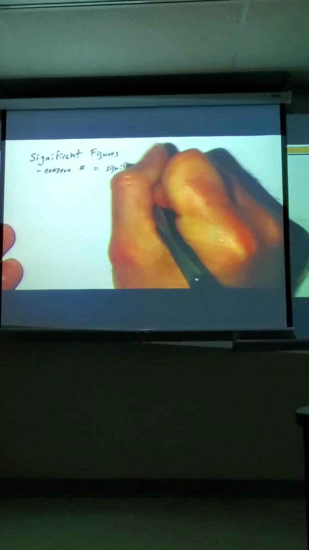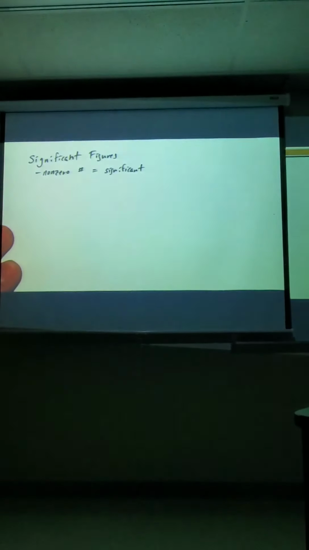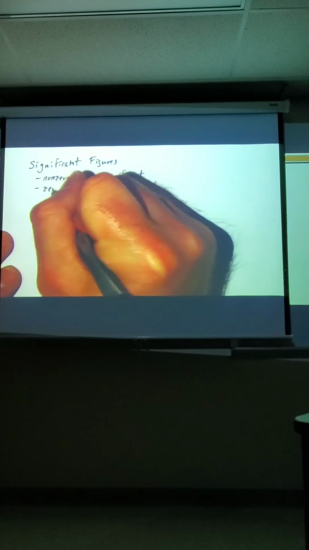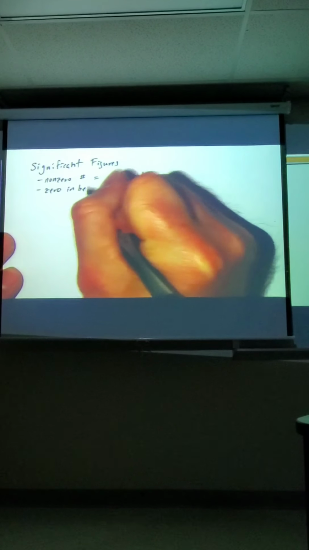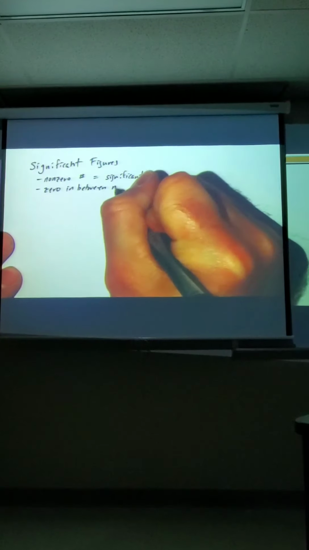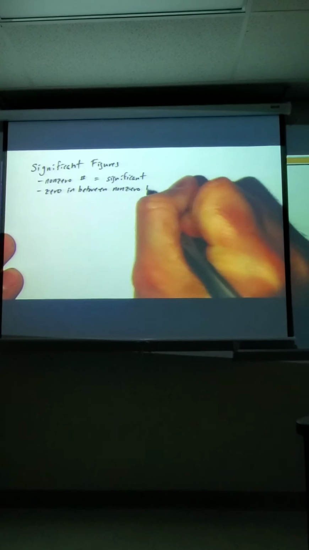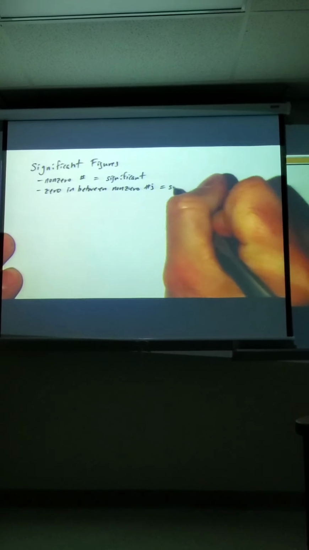One of the rules is if you're a non-zero number, you're significant. So if you read a number that's been measured by somebody else, if there's no zeros, you can just imagine that everything that you're looking at is important. You can also, by default, have zeros in between non-zero numbers. And by default, those are going to be significant because they're stuck.